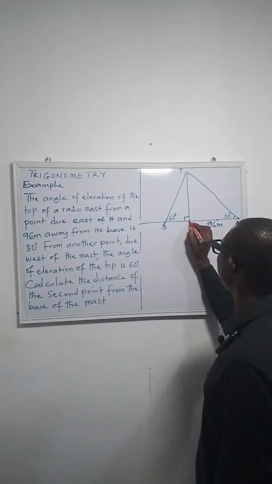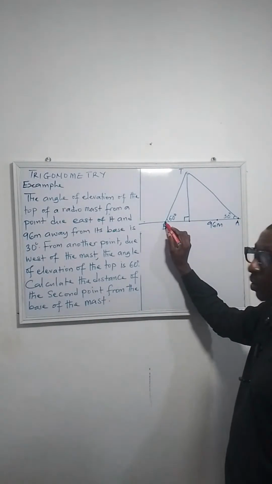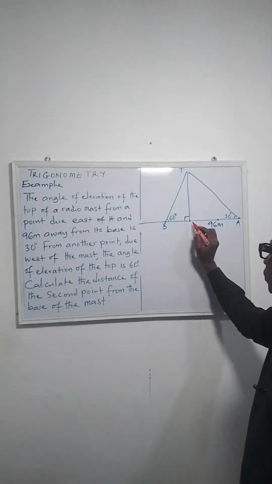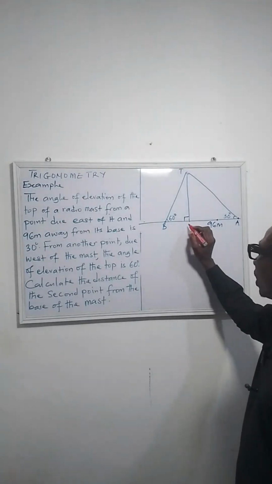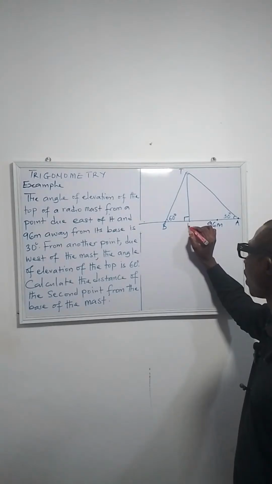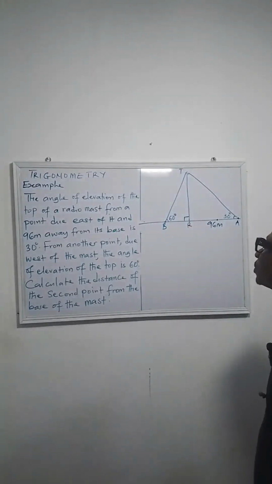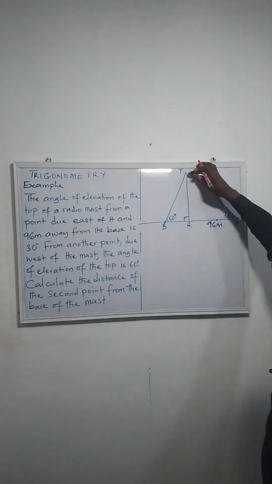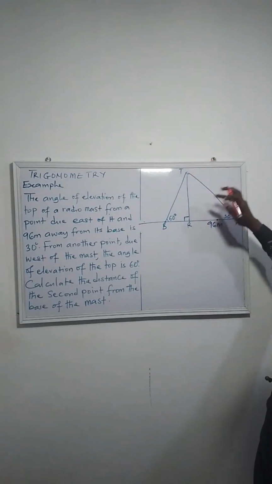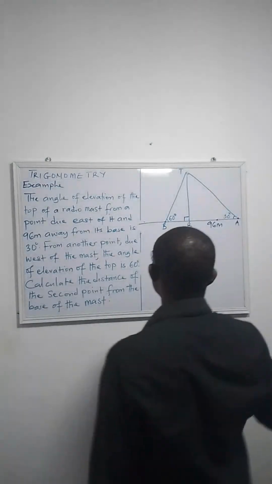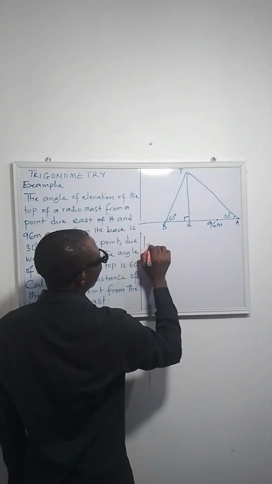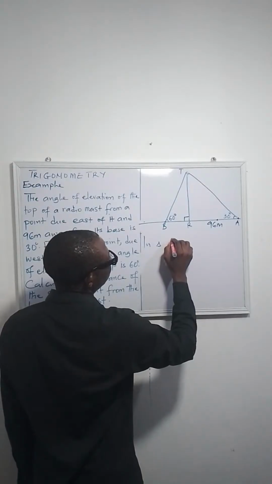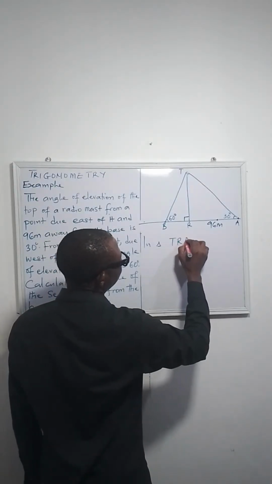So you want to get this from here to here, because this is the second point, point B, from the base here. So let's call this base R. The first thing to do is to get this height of the mast. So let's consider this triangle, triangle TRA.